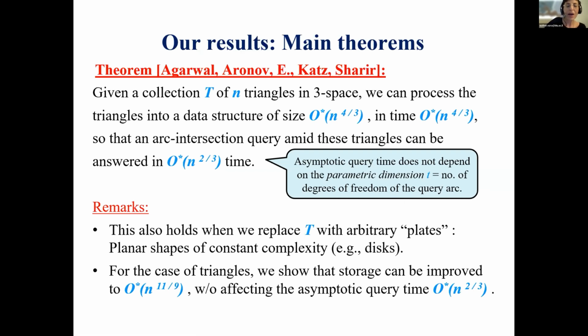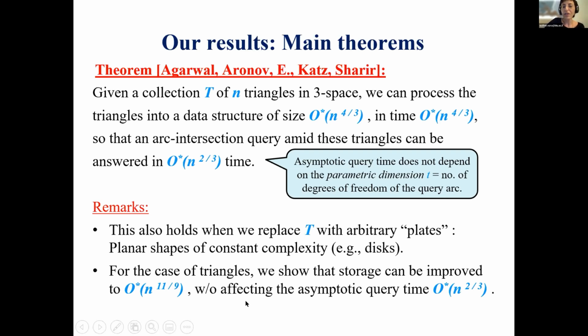A few remarks: this result also holds if we replace triangles with slightly more general objects, something that we call arbitrary plates, and they are planar shapes of constant complexity, like disks or ellipses in free space.